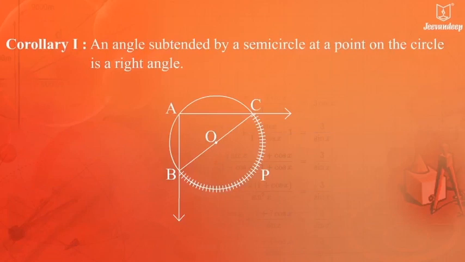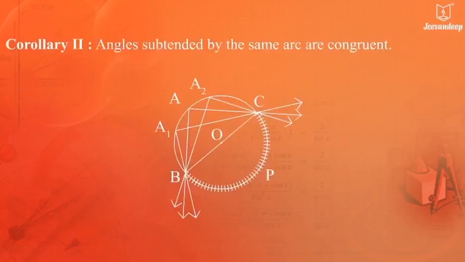Corollary 1. An angle subtended by a semicircle at a point on the circle is a right angle. In the given figure, angle BAC equals 90 degrees. Corollary 2.